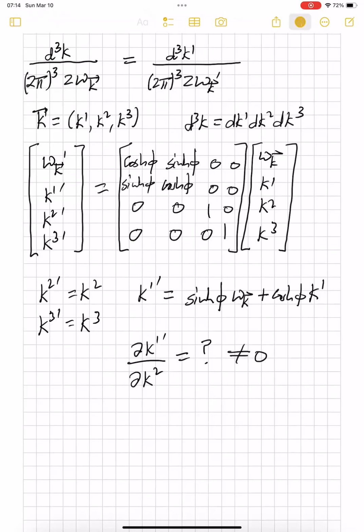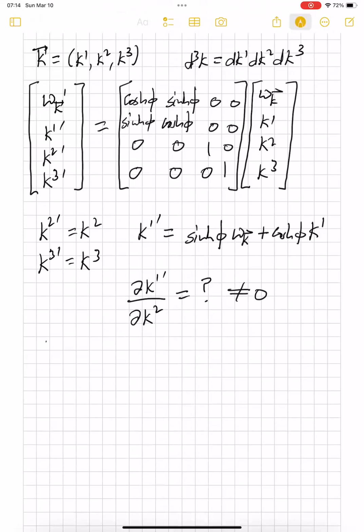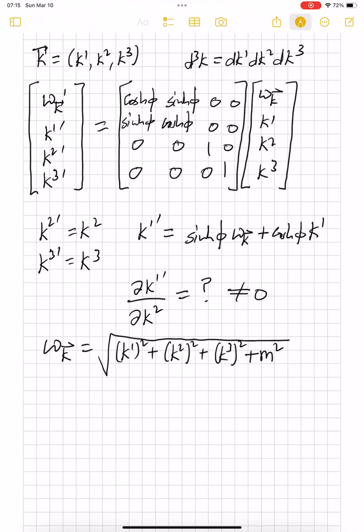And the reason why it's not equal to 0 is, don't forget that ω_k is equal to the square root of k·k plus m squared, so this will be k1 squared plus k2 squared plus k3 squared plus m squared, square rooted. So ω_k does depend on k2. It also depends on k3. So when you take this derivative, don't forget about the k dependence inside ω_k.